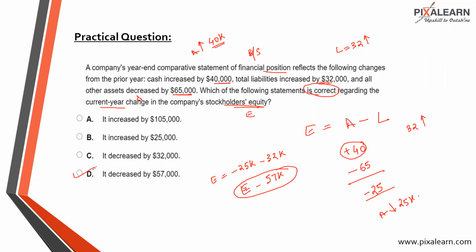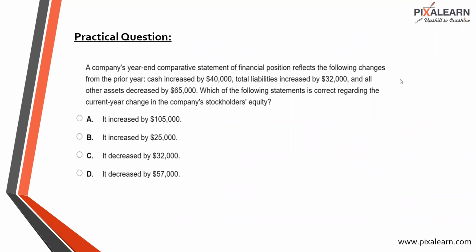So equity is equal to assets minus liability. Hence, any change in equity should also correspond to this equation. So using this simple equation, we establish the fact that because of these changes, there is a net decline in the equity to the tune of $57,000.